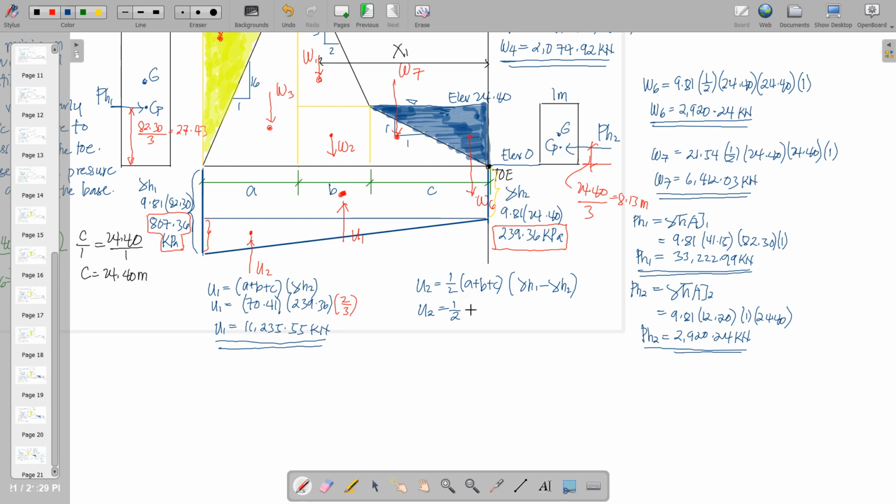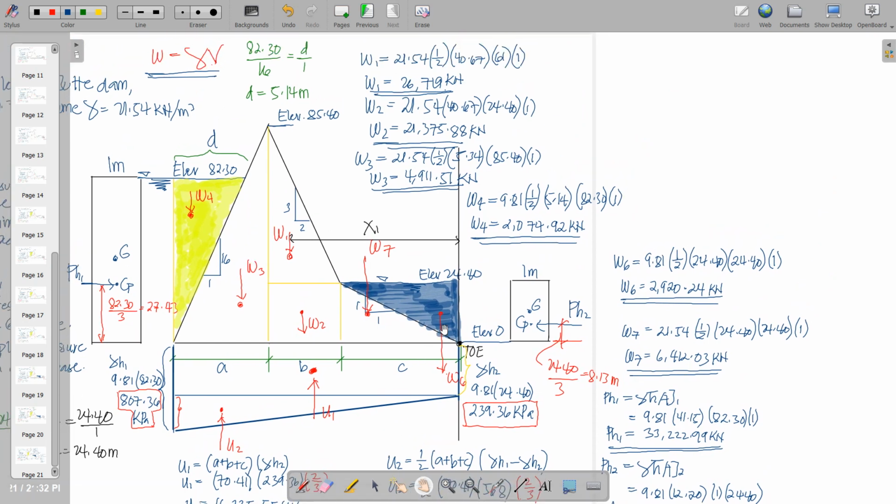So U2 is equal to 1/2 times 70.41 times the difference, which is 568. 807.36 less 239.36 is 568. And once again, we are going to multiply by 2/3. And U2 is equal to 13,330.96 kilonewtons.